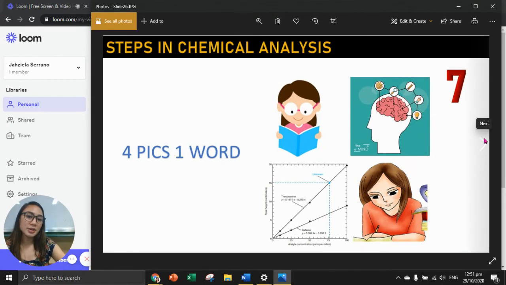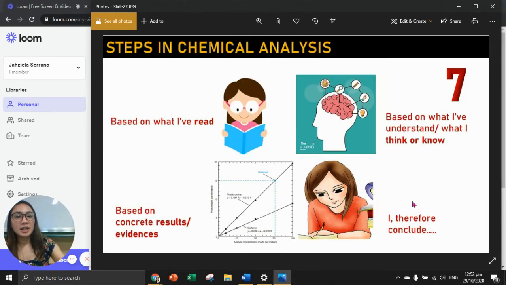Okay, so ano kaya yung word natin dito? So we have picture 1 here. And then we have picture number 2. Picture 3. And picture 4. Okay, so here, ang sinasabi, ang word natin dito, based on what I've read.